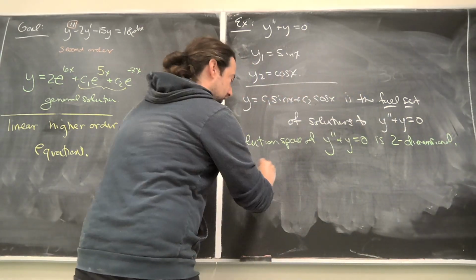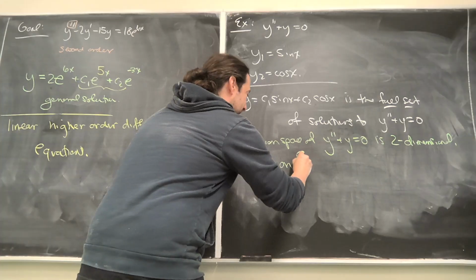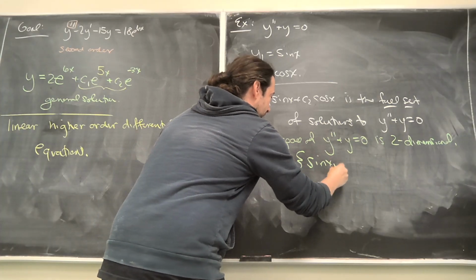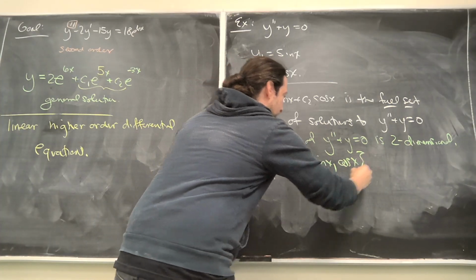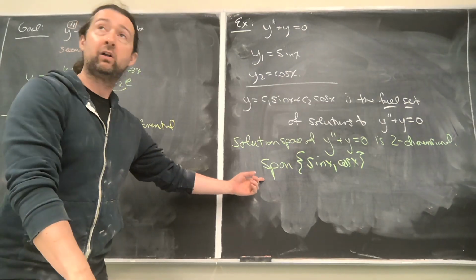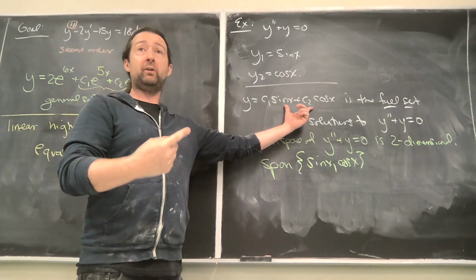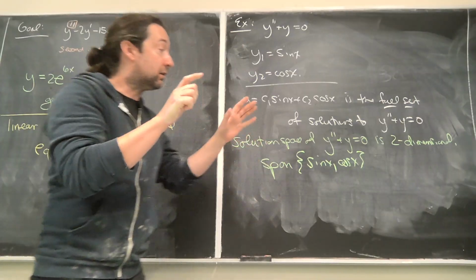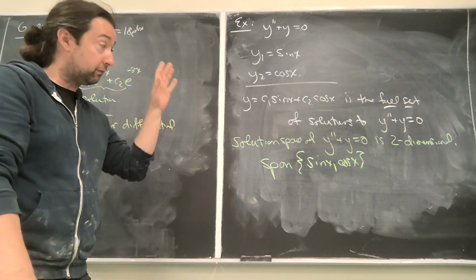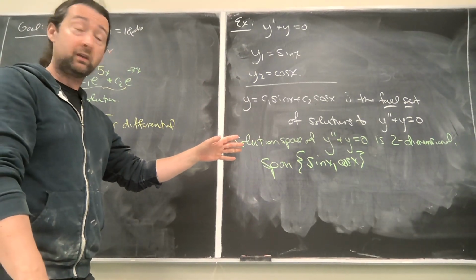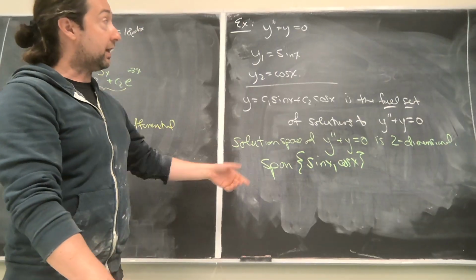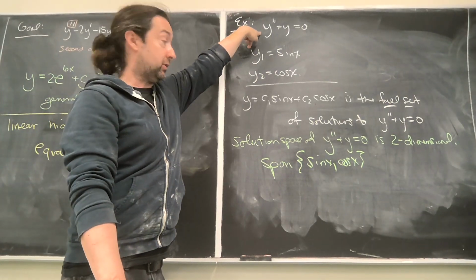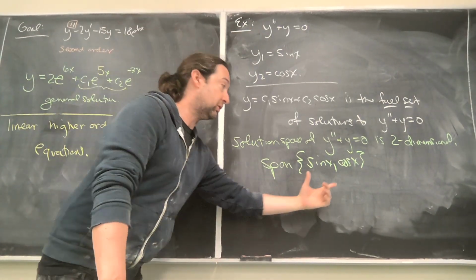And it sure would be nice if that was equal to the span of the function sine of x and the function cosine of x. After all, the span of a collection of vectors is just the linear combinations of those vectors. So I'm thinking about vector spaces that are built with functions instead of column vectors now. I want to be able to say that the set of every solution to this equation can be built by taking combinations of these two.